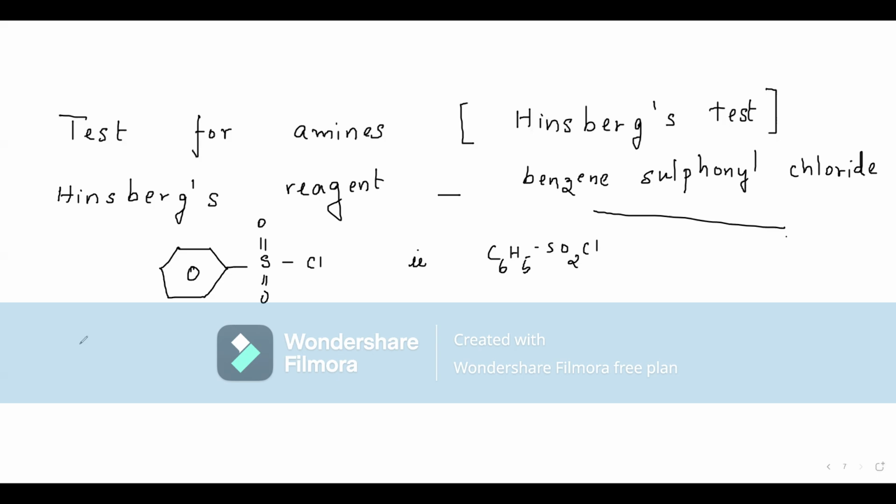You just need to know the way a primary, secondary, or tertiary amine reacts. So first of all, let us begin with a primary amine. How will a primary amine behave with benzene sulfonyl chloride?